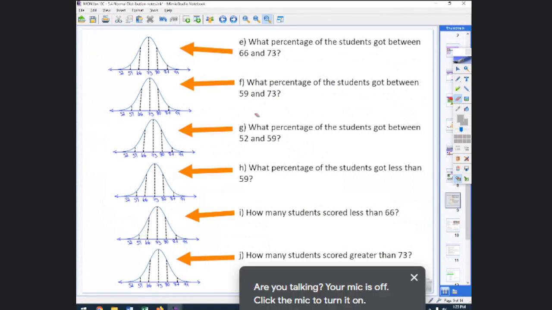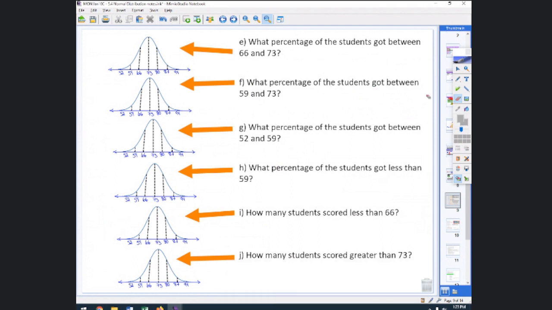You don't have to draw them. You can just literally put down E, F, G, H, I, and J. I'll give you about 5 minutes just to go through. I'll do the first one with you so you know what we're doing. So if it says what percentage got between 66 and 73, I'm looking at this region right here.